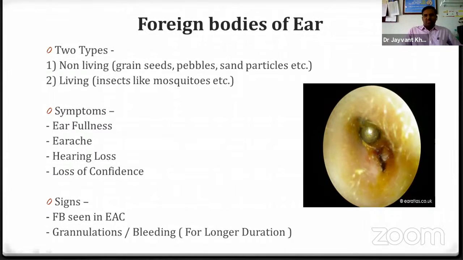Some foreign body like an insect or grain seeds present in the external canal, then the patient gets psychologically depressed and loss of confidence is there. Signs: foreign body seen in the EAC; if longer duration is there, then granulations or bleeding is seen sometimes.